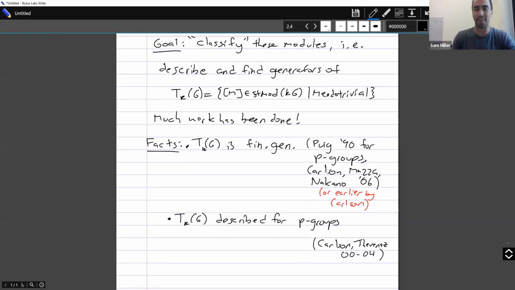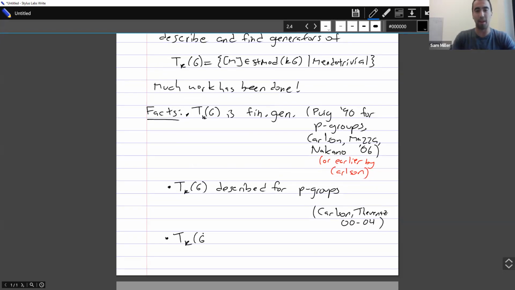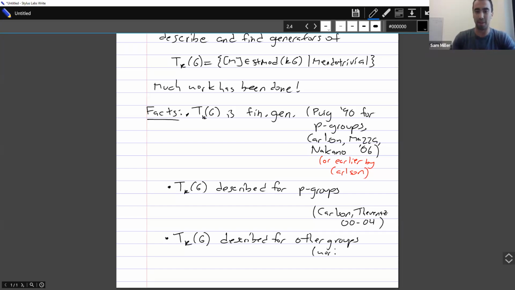Again, I might be wrong there. And then it's been classified as well for other groups, but not all of them. This is ongoing still. And this goes to the work of many.